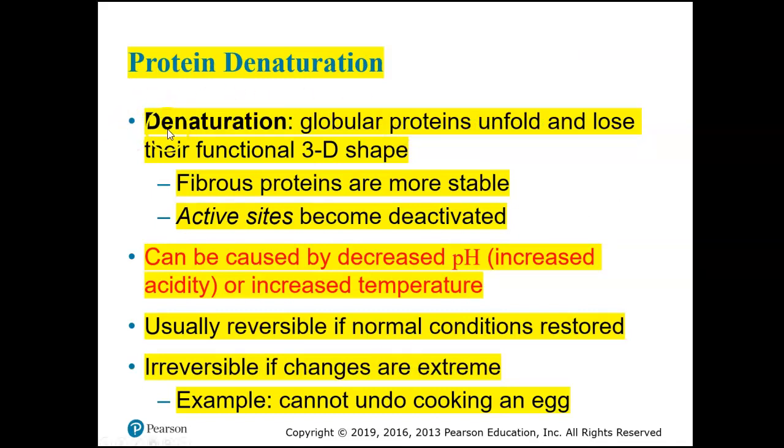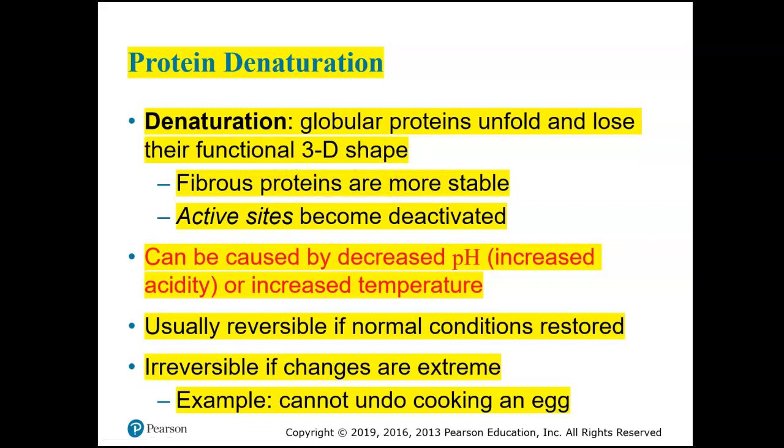All right, so sometimes certain conditions in the body, when they're not maintained under homeostasis, denaturation can occur. Denaturation is when the globular proteins unfold and lose their functional 3-dimensional shape, because their shape truly does determine their function.